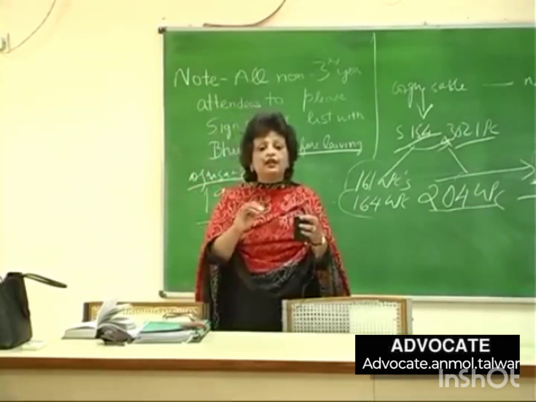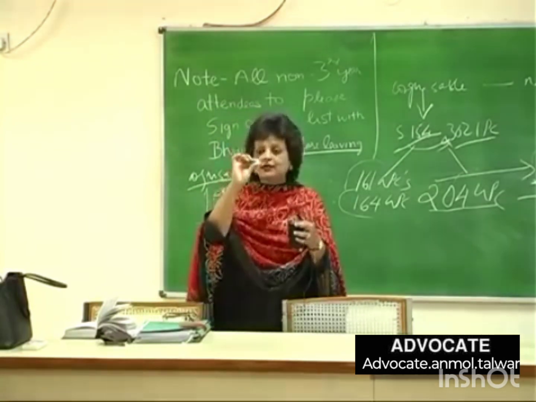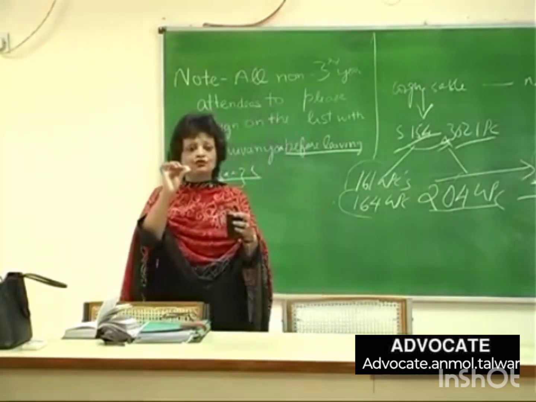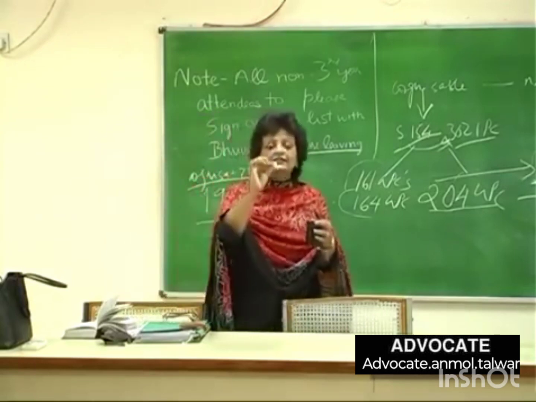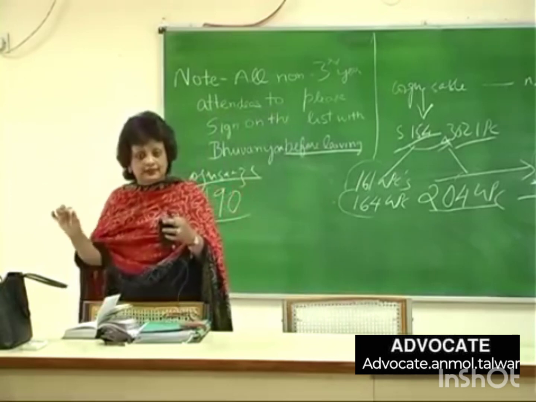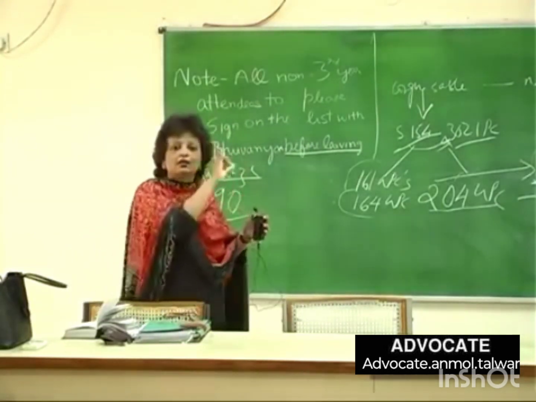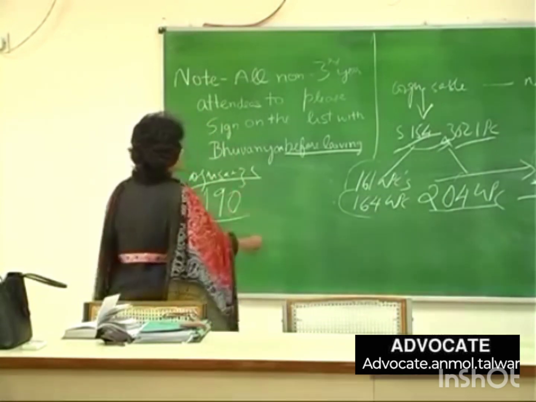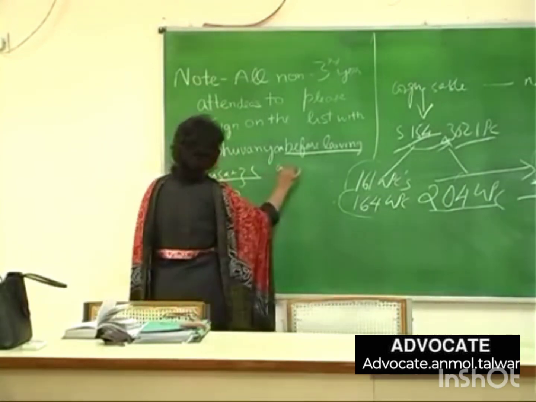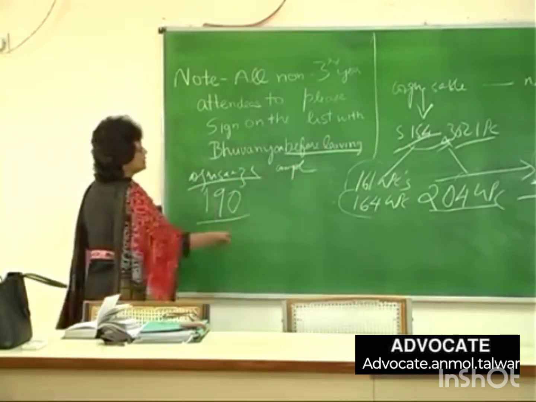What do you do then? You file a complaint. That complaint must disclose the facts and circumstances which constitute an offense, for which the magistrate must take cognizance under 190. So in a complaint case procedure, you first have the complaint. Complaint is defined under section 2 of the CrPC.